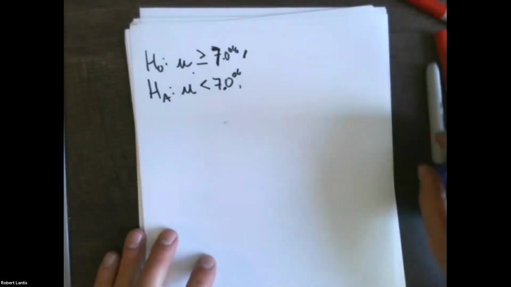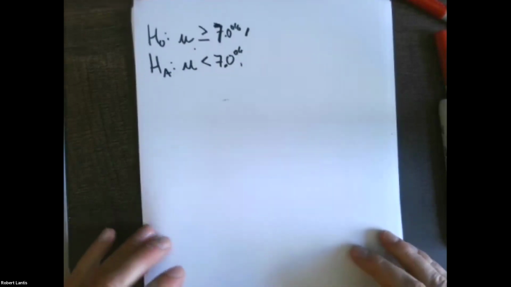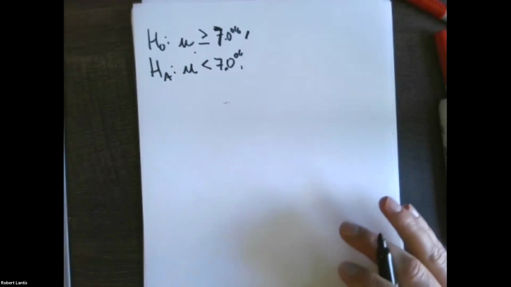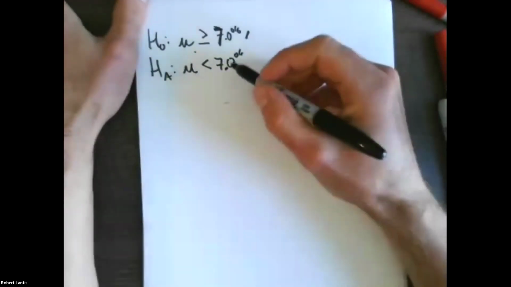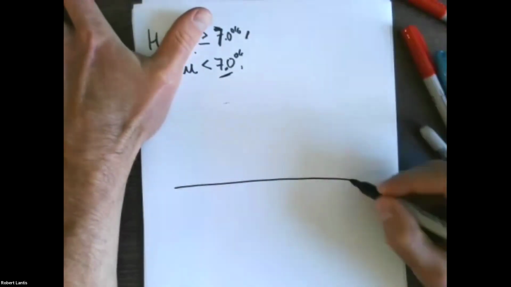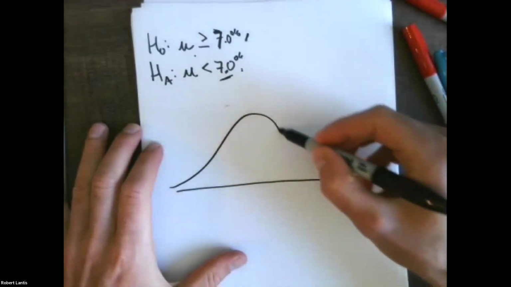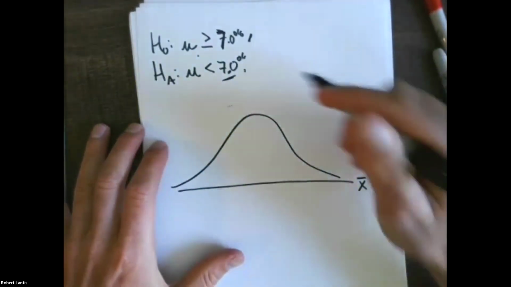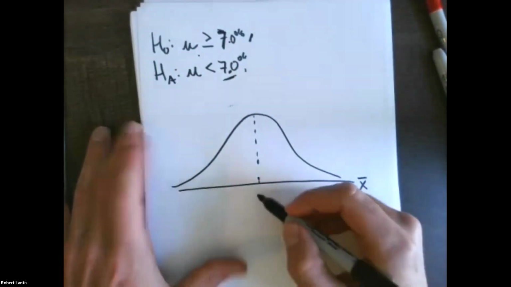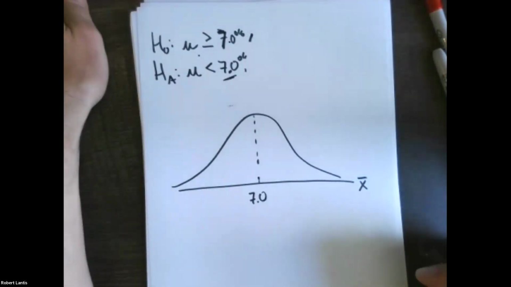So let's say I've got that example we had before. What I'm going to do is say, okay, look, if the true mean was 7% here, what should be true about the distribution of my sample means? If the true population mean was 7%, then my sample mean distribution should be centered around 7%.